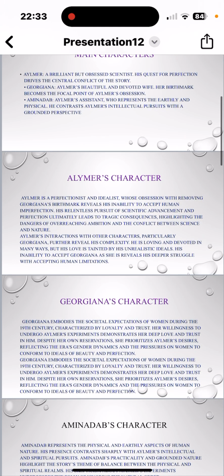Slide 4 is Aylmer. We're going to analyze Aylmer. He was a perfectionist and idealist, obsessed with removing Georgiana's birthmark, and shows an inability to accept human imperfection.